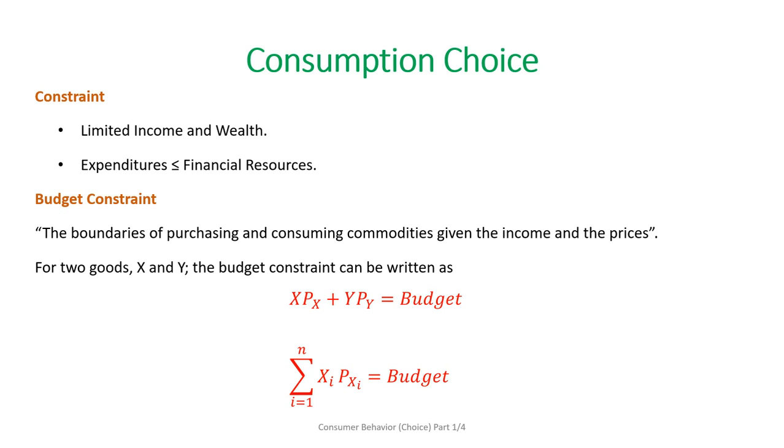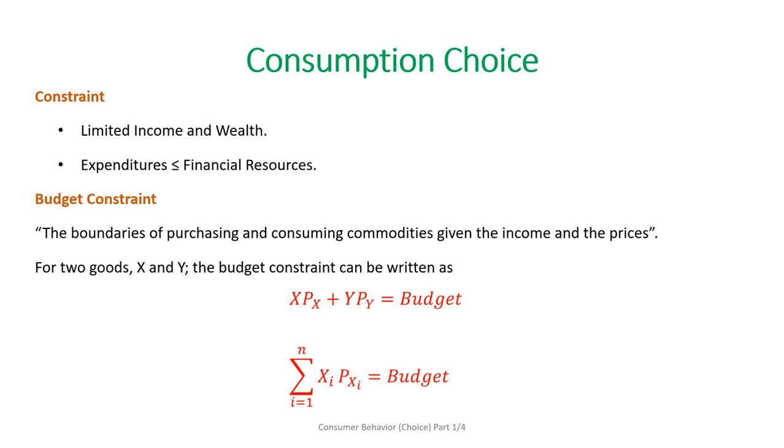Therefore, the expenditures should be equal to or less than the financial resources available, given the household has no opportunity to borrow. We discuss this in the budget constraint, which represents the boundaries of purchasing and consuming commodities given the income and prices.